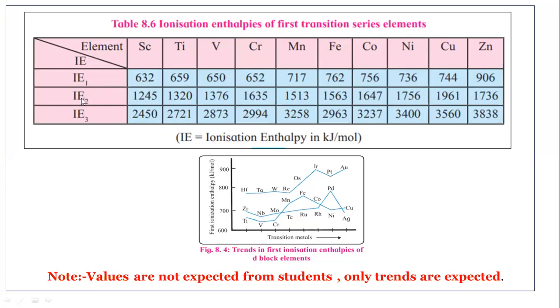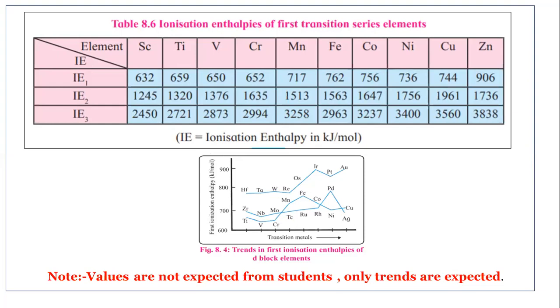If you remove the second electron, the amount of energy will be very high. Again, when the third electron is removed, the amount of energy will be very high because the stability increases, and if the stability increases, the amount of energy required will be very, very high. So the third ionization energy is very high than the second ionization energy, and the second ionization energy is very high than the first ionization energy.